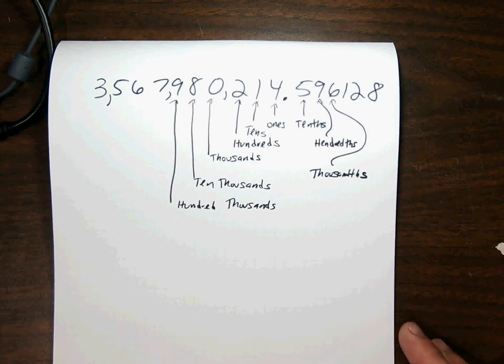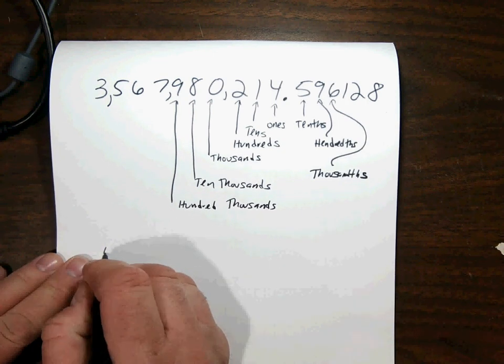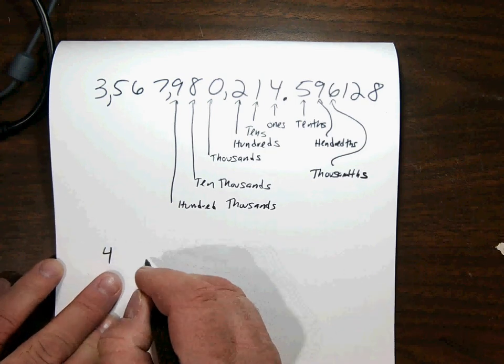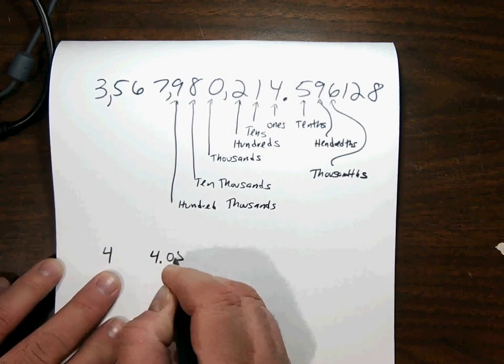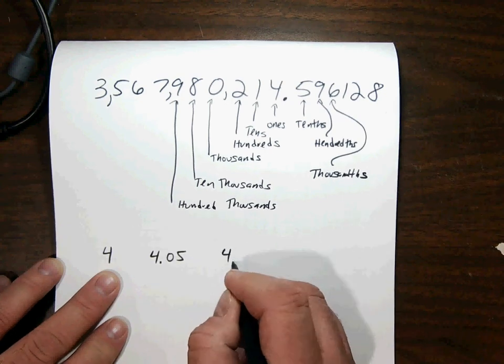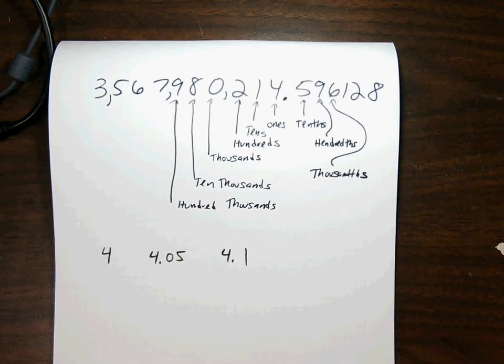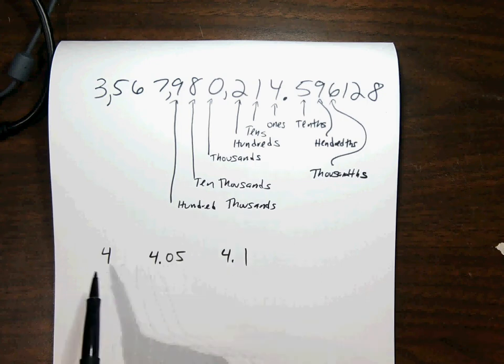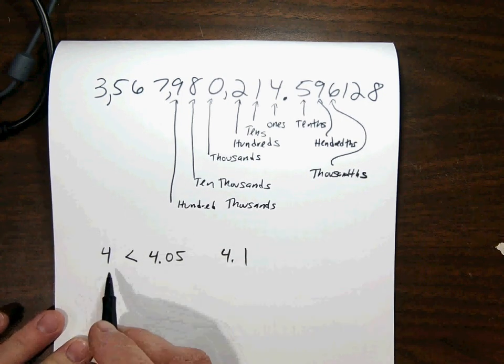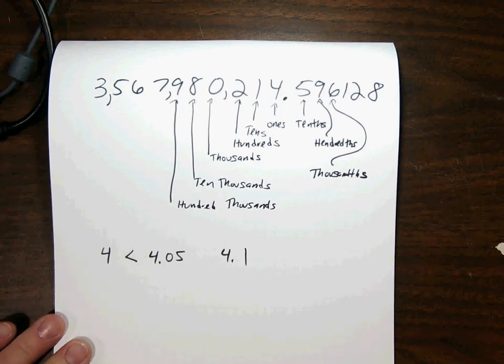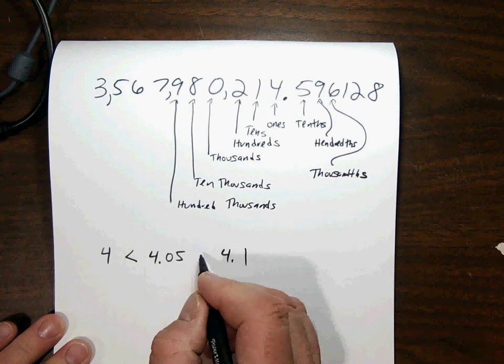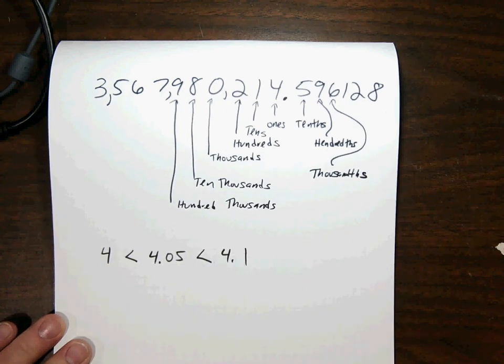Now, I'm sure we all know, if I say I've got the number 4, and I've got the number 4.05, and I've got the number 4.1, which one of those three numbers is the smallest, the middle, and the largest? I'm sure we're all familiar with that, right? 4 would be the smallest, and we would write a symbol like that to say 4 is less than 4.05, and that 4.05 is less than 4.1.